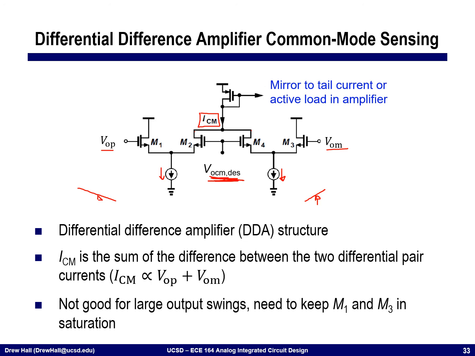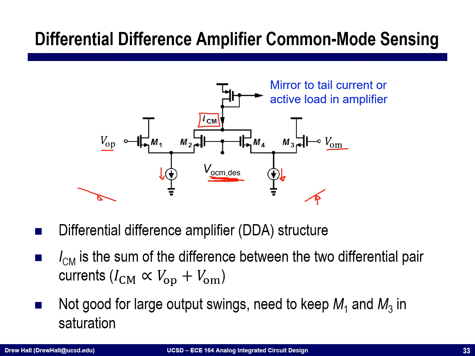I generate a common mode current that's proportional to VOP plus VOM. So this is a way of generating a current that I can then feed back into the amplifier by mirroring this and then putting this into like a tail current or an active load in the amplifier.